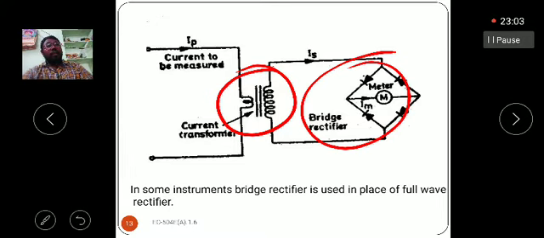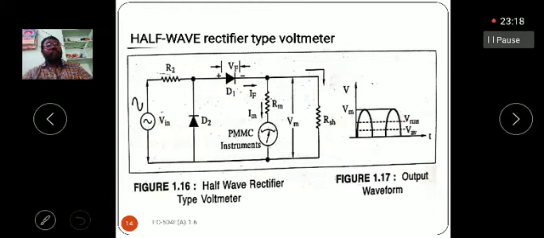In the block diagram, we observe the AC input signal, multiplier, and half wave or full wave rectifier, the bridge rectifier, connected to the PMMC instrument. This is about the full wave and bridge based rectifier voltmeters.